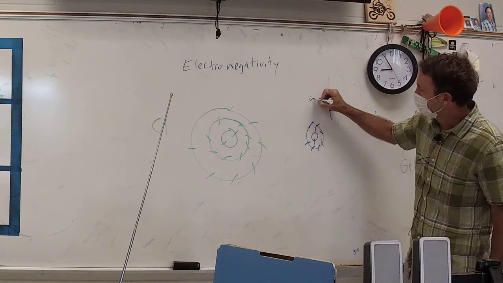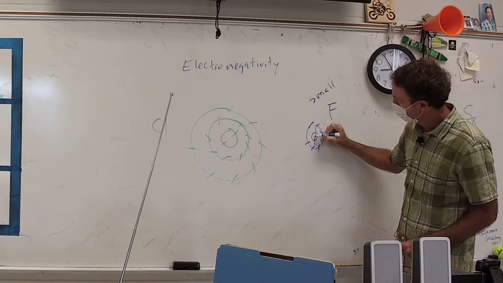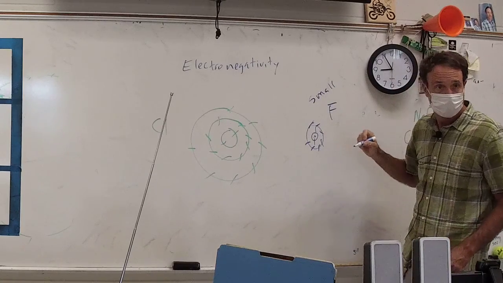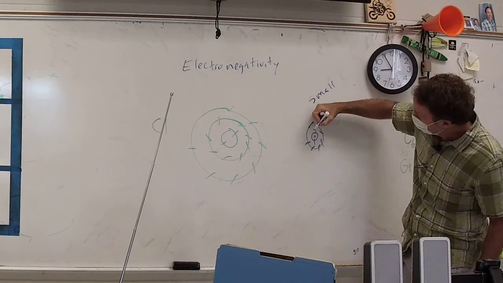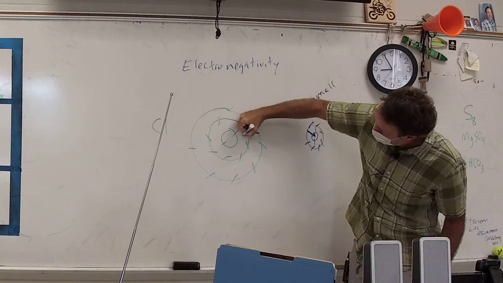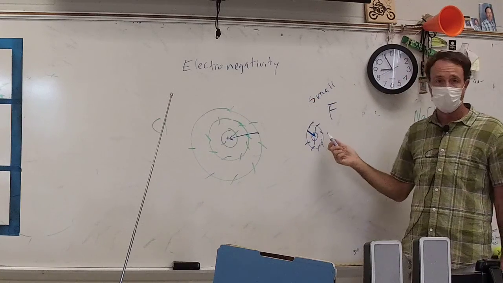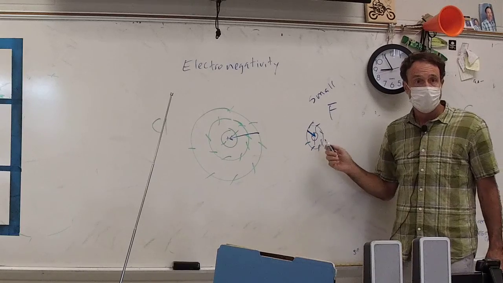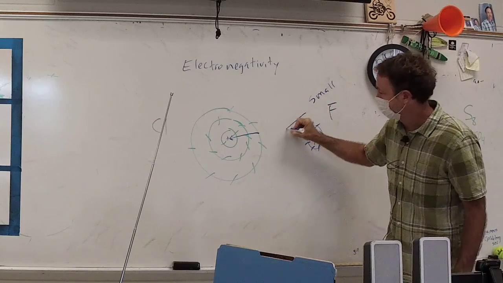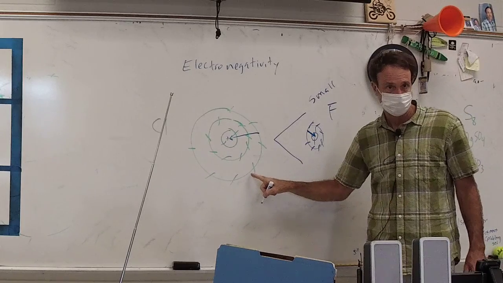Yes, it is smaller, and therefore you can get closer to the nucleus. Does that make sense? The radius here and the distance to these positives is less than the distance to those positives in there. So this is more electronegative. So if I was going to make a little thing for strength, this one is stronger than this one.